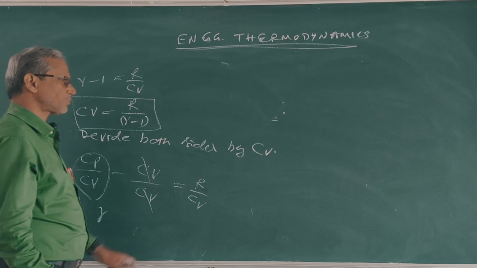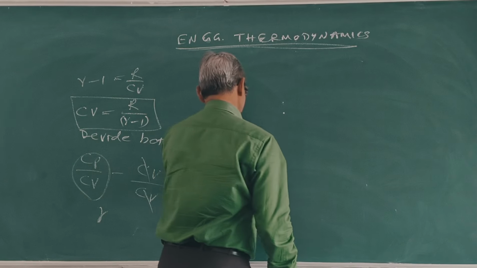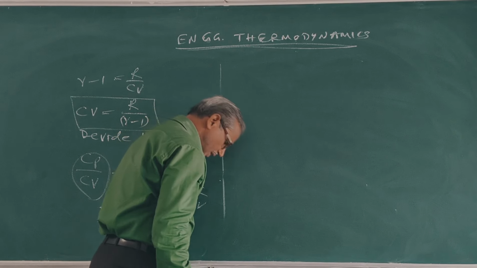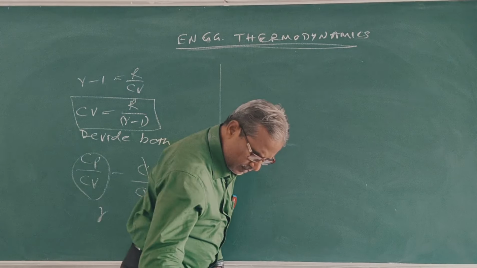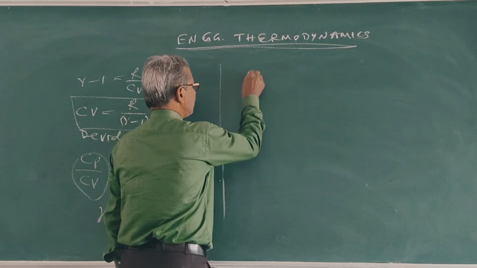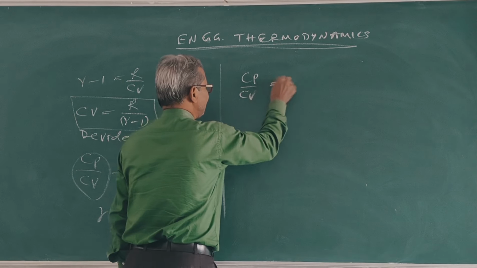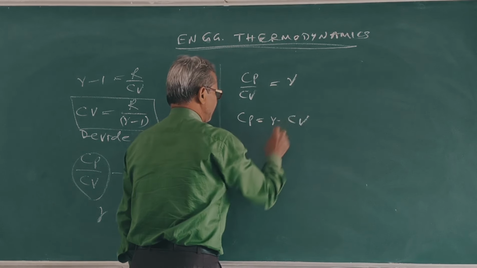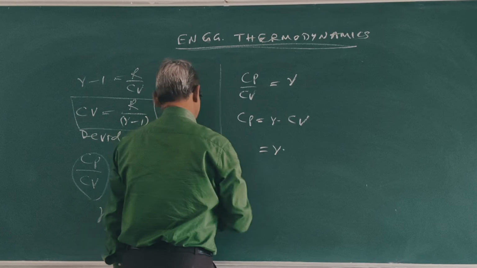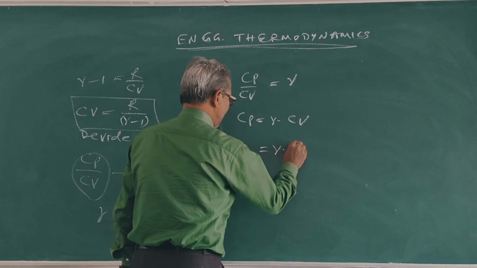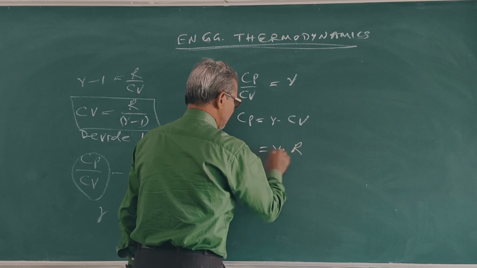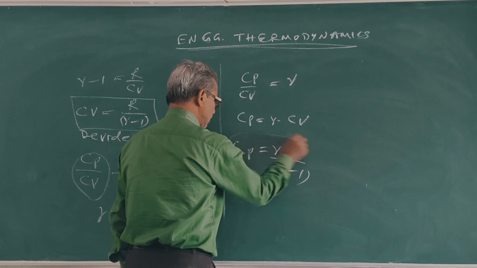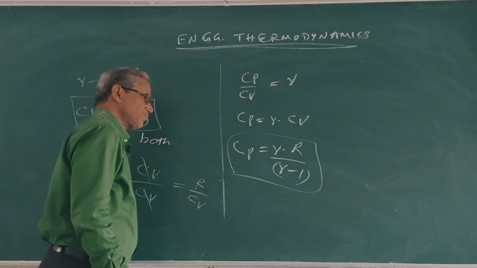Again, Cp by Cv is gamma, so what is Cp equal to? Gamma Cv. What is Cv? R by gamma minus 1. So, Cp is equal to gamma into R by gamma minus 1.